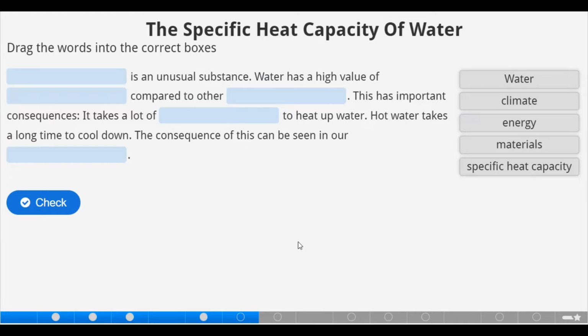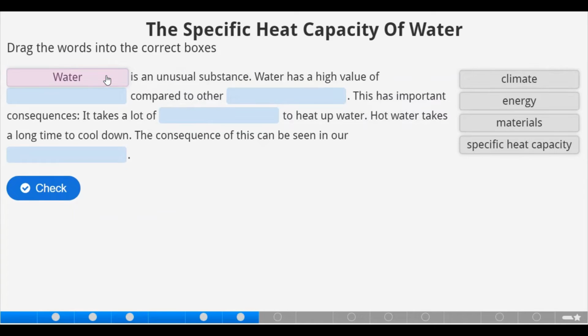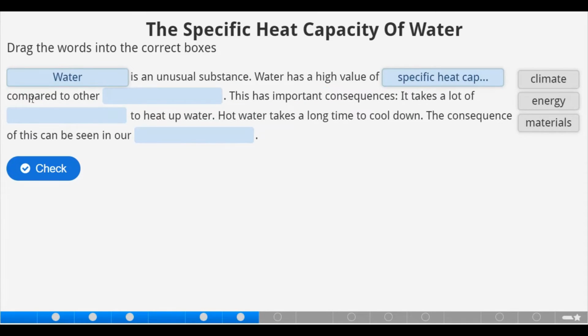Now, the specific heat capacity of water. So, we also drag the words into the correct boxes. Water is an unusual substance. Water has a high value of specific heat capacity compared to other materials.